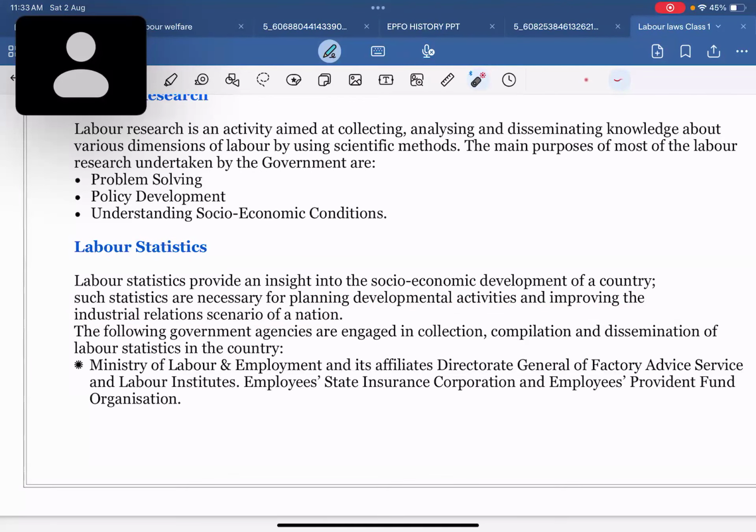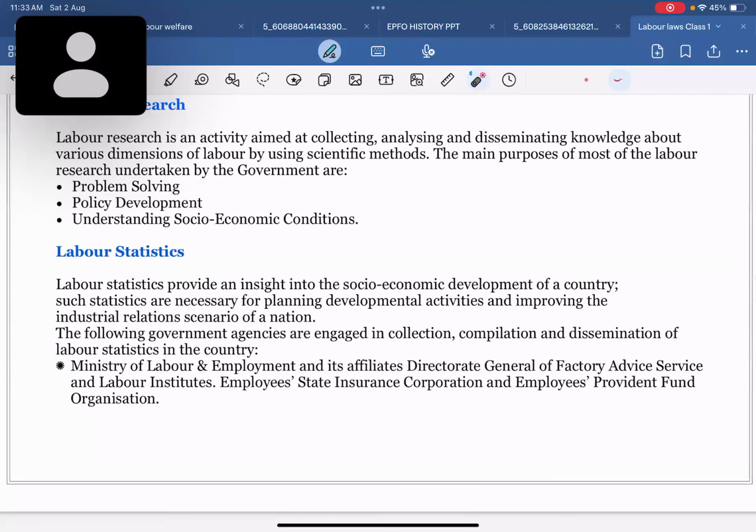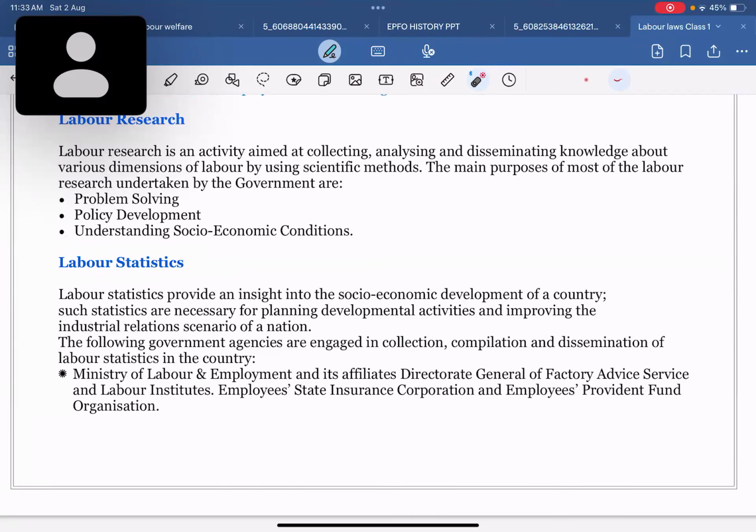The following government agencies are engaged in collection, compilation and dissemination of labor statistics in the country: the Ministry of Labor and Employment and its affiliated Directorate General of Factory Advice Service and Labor Institutes, Employees State Insurance Corporation and Employees Provident Fund Organization.